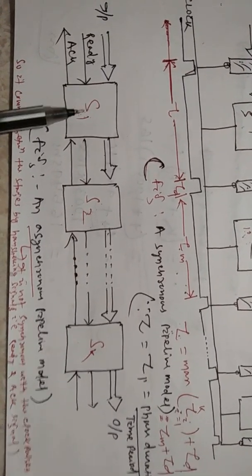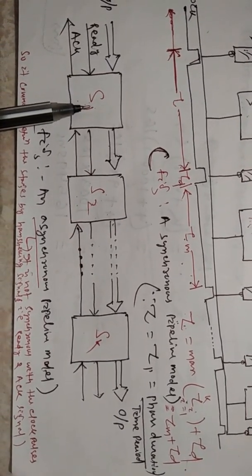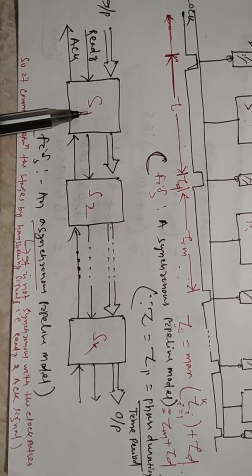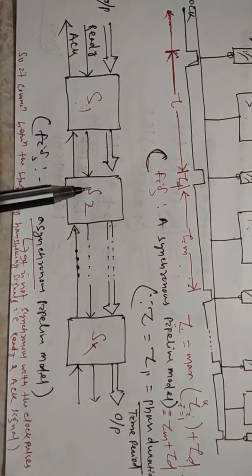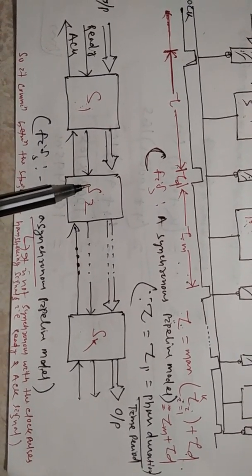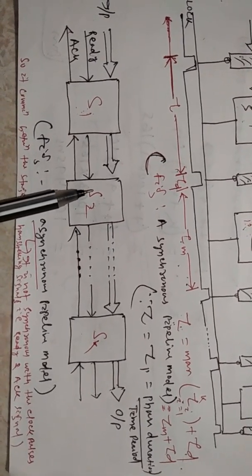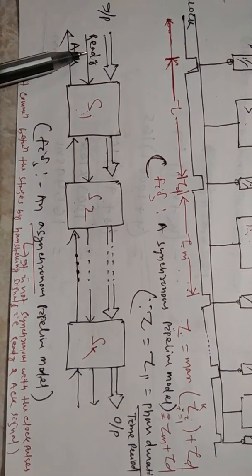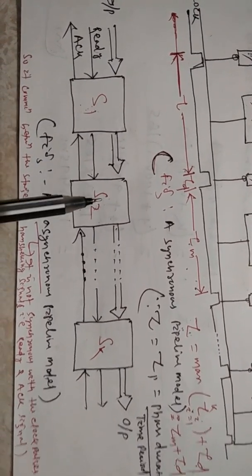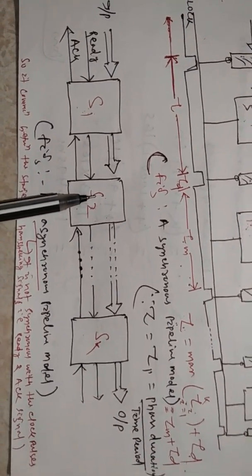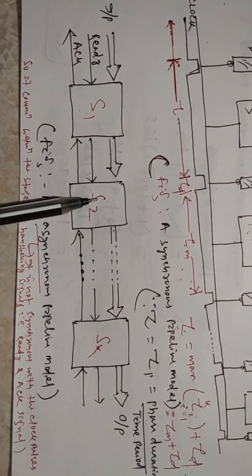So first, S1 sends a signal to S2 that I am ready to send you output. How will it send the signal? With the help of the ready signal, it sends a signal to S2 that I am ready to produce my output for you as your input.